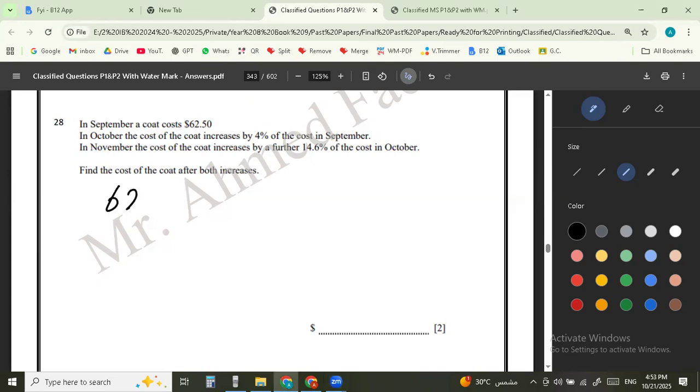So it is $62.50 multiplied by the multiplier of increasing 4%, which is 1.04, multiplied by the multiplier of increasing 14.6%, which is going to be 1.146. All right. So, how did we do this?